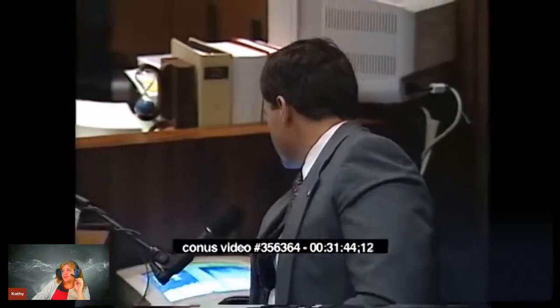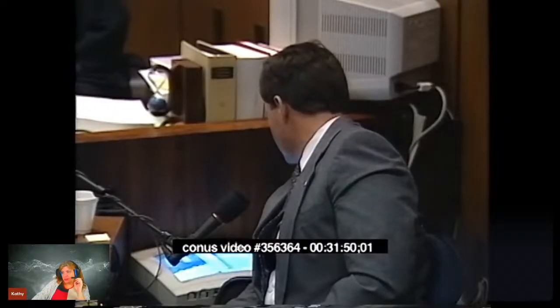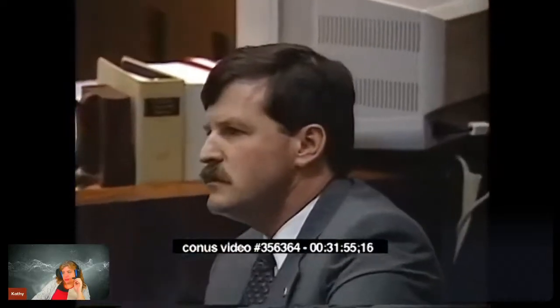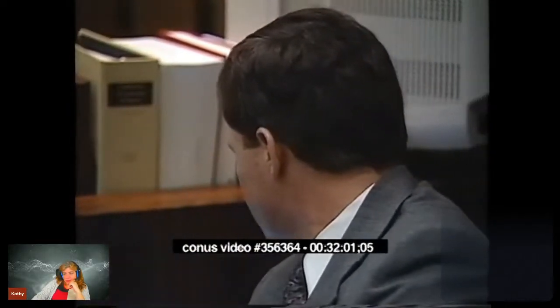Would you agree that the banding patterns for 84A and B are much more distinctive than 42? Yes. And that's why you read 84A and B and did not report anything other than inconclusive for 42. It's one of the reasons, yes.